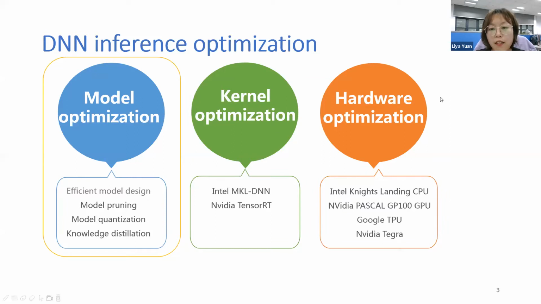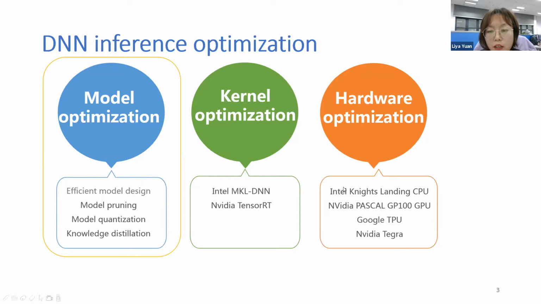And then the next part is the hardware optimization, which is about designing hardware that can better adjust to the requirements of DNN networks.